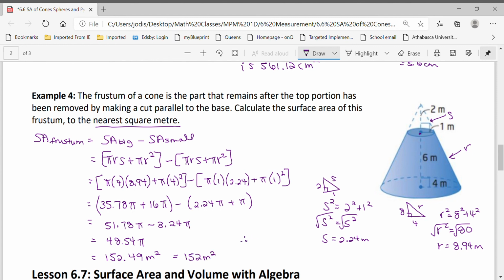So therefore, the surface area of the frustum is 152 meters squared. Okay, so that's the end of our surface area of all of these different shapes. So give your homework a try, really practice these composite figures.